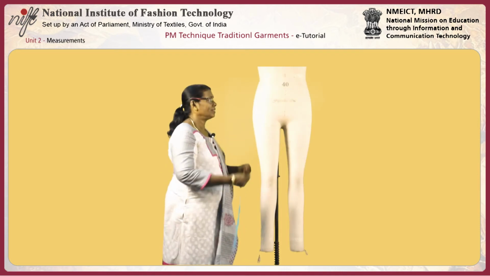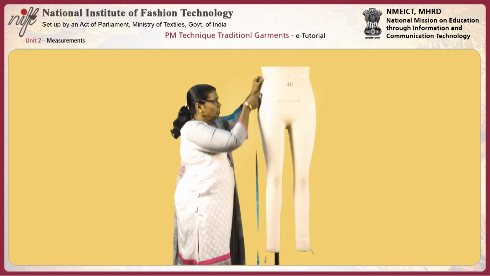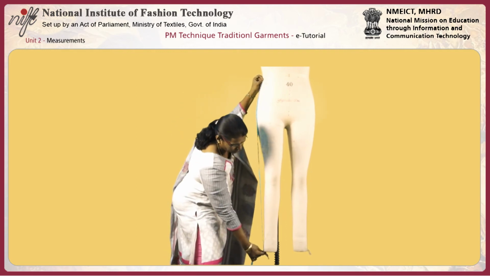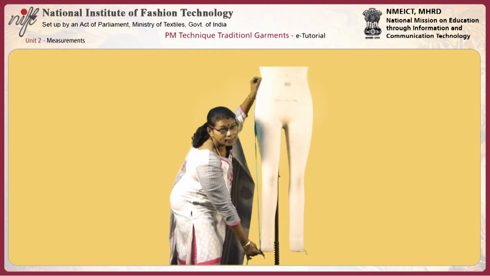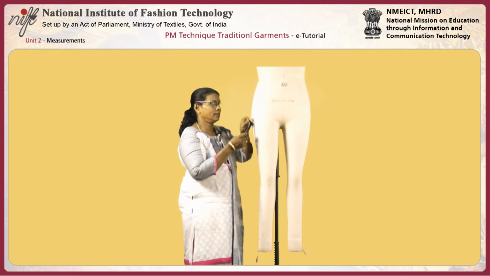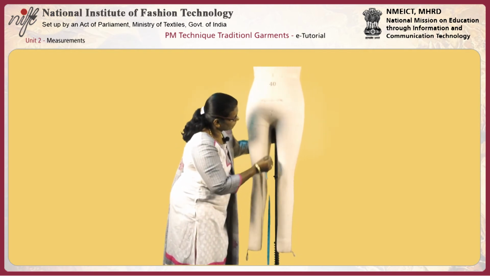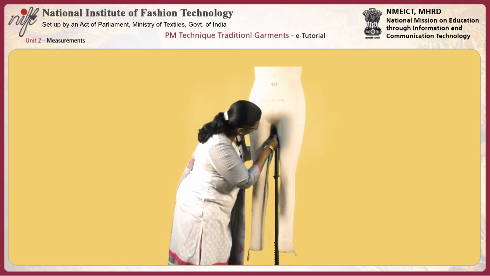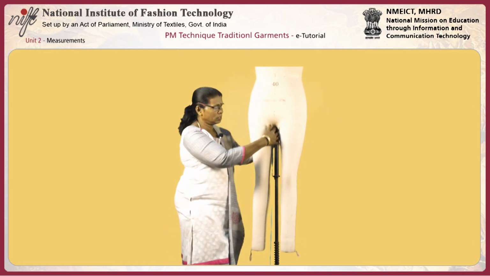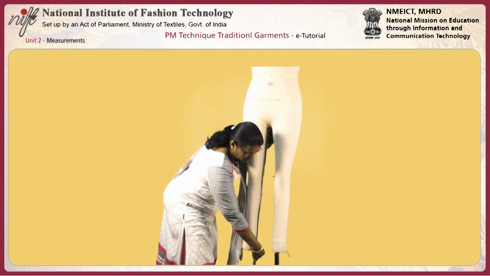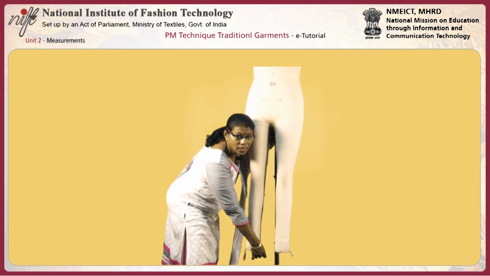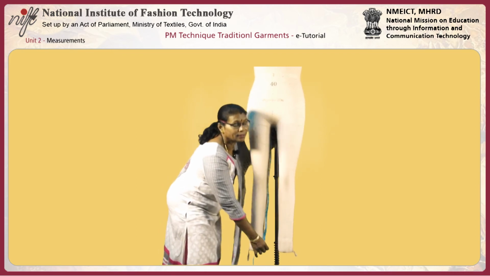Out leg length: from waistline to the ankle vertically down is out leg length. In leg length is 1/4 inch down from the crotch point to the ankle level at the inside of the leg.